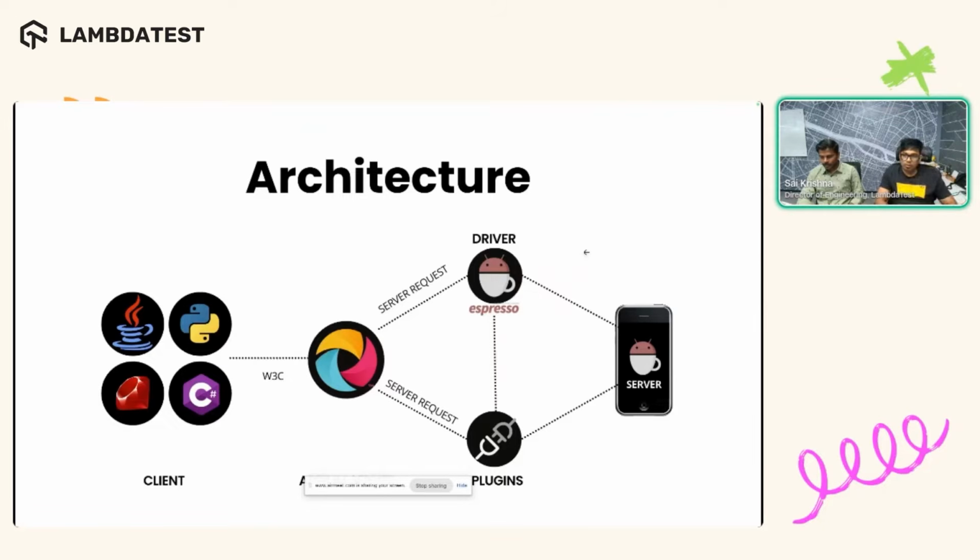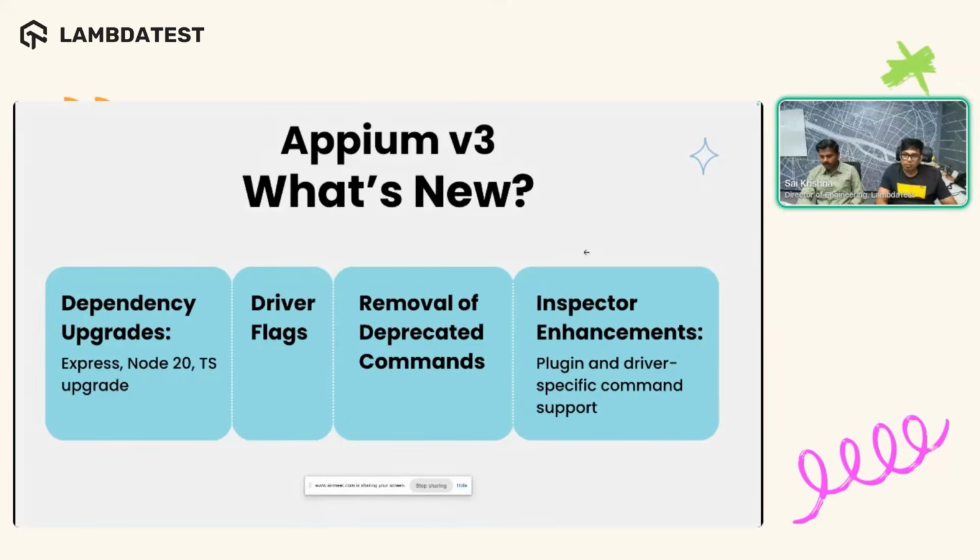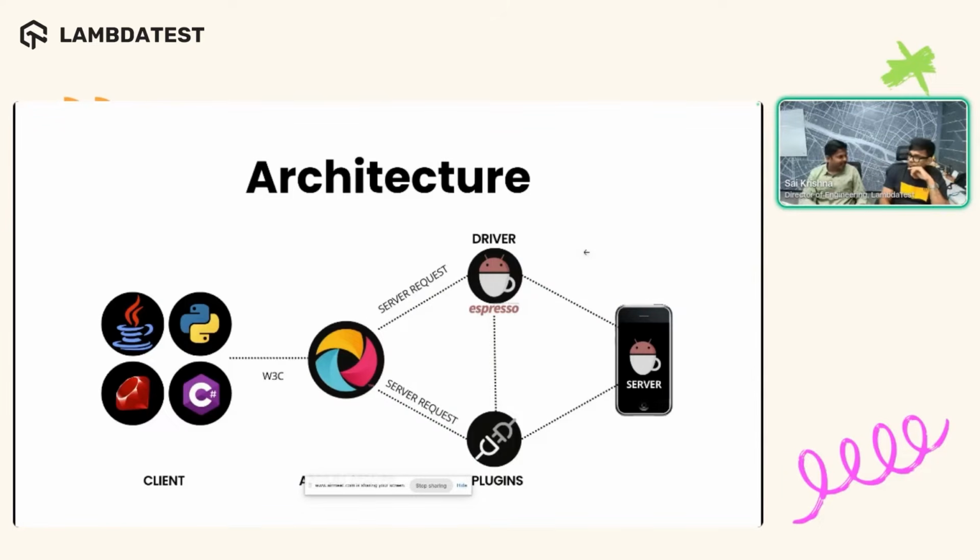With the new modular architecture, what is the performance impact of loading multiple drivers and plugins? Let's say someone has installed all the drivers and all the plugins on their machine, just as an example. As the user, I probably don't want to use all the drivers and all the plugins at the same time.